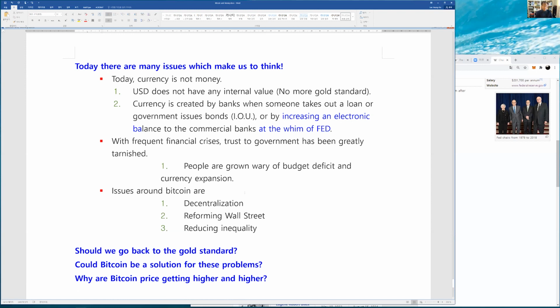The issues around Bitcoin are therefore decentralization of power, decentralization of money generation power. Let's give this power back to the people. That's what they are claiming. And reforming the modern financial system.